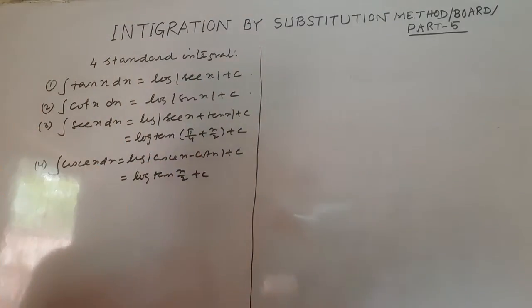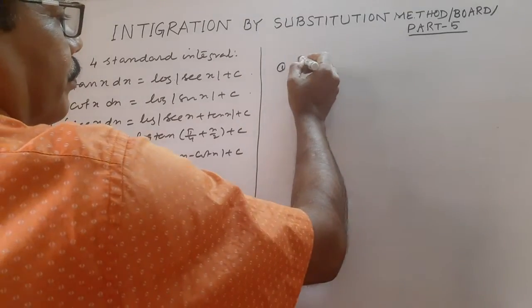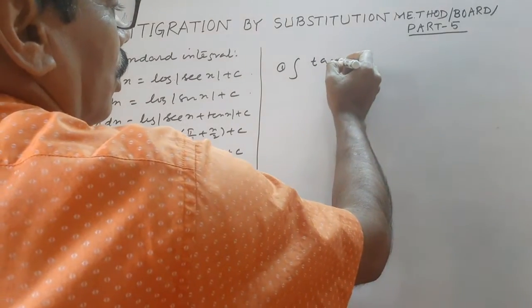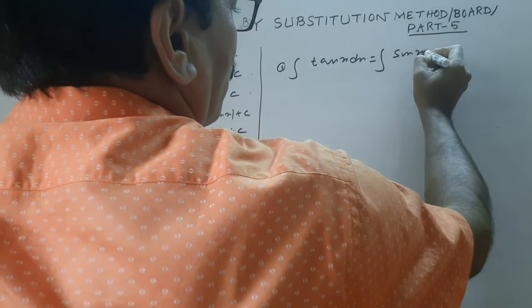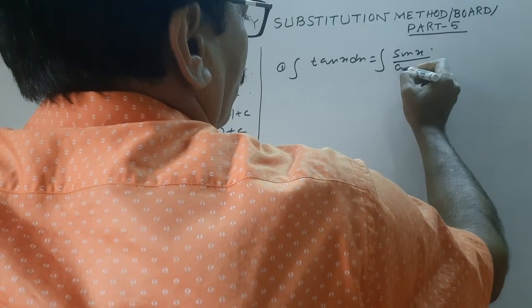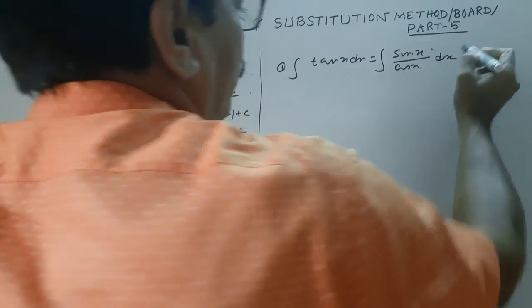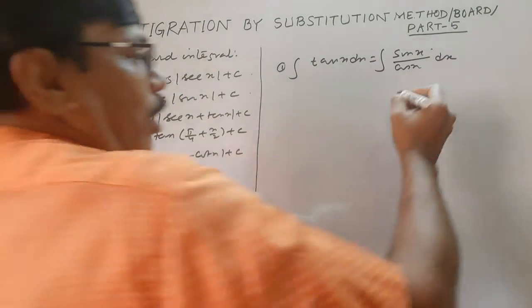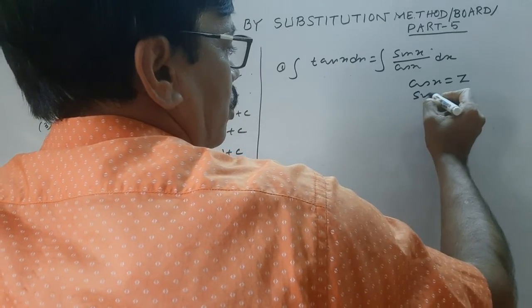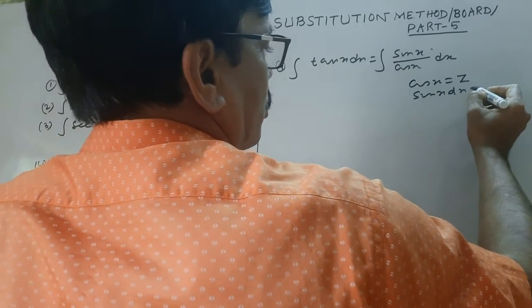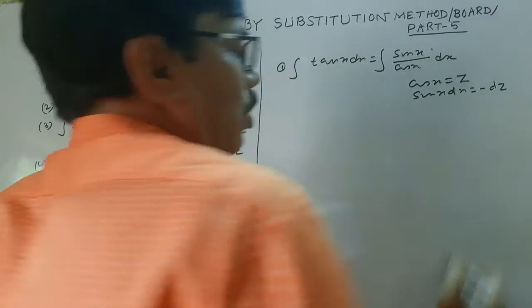For example, suppose integration of tan x dx. Very simple: sin x by cos x dx. Now put cos x equals z, to get sin x dx equals minus dz.